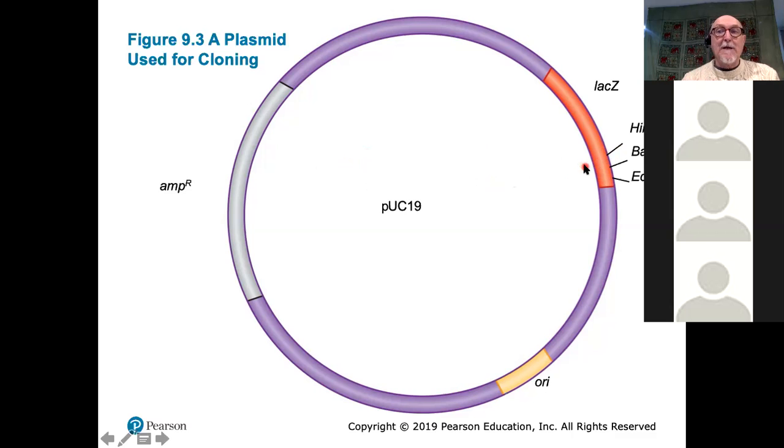And that does something really particular to this gene here. It actually disrupts it. This gene will no longer operate. The LacZ gene will no longer operate if we successfully put our DNA of choice into the plasmid. So we're going to see how that becomes very useful for us in a minute.